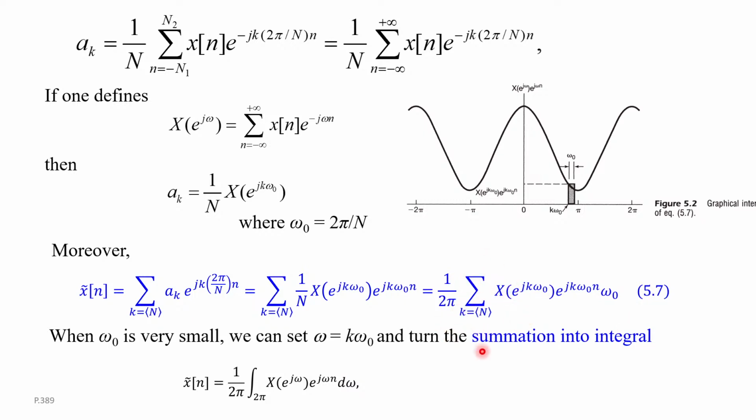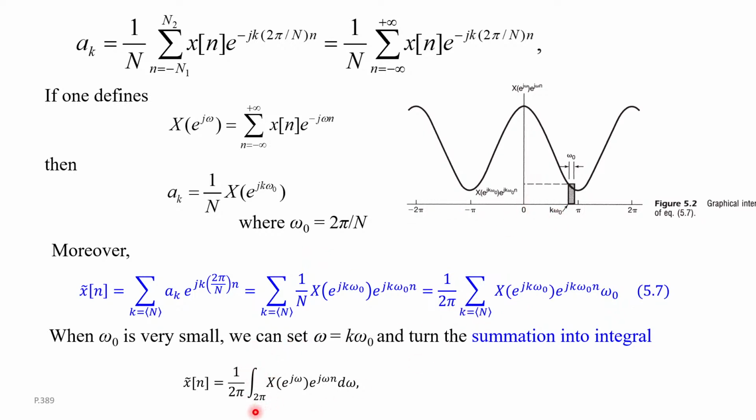The range of k is in a big N range, and because k omega naught is in terms of 2 pi, if you multiply this N range by omega naught, in terms of omega this range is actually 2 pi.